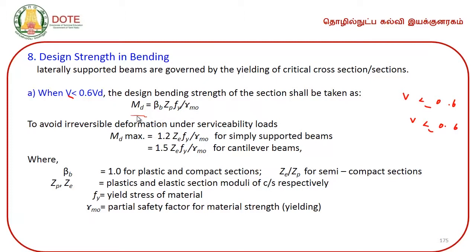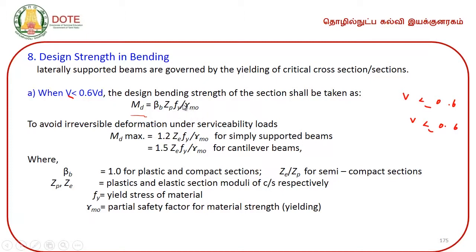Again, the bending strength is governed by one geometrical property and one mechanical property. Here the geometrical property is the plastic section modulus denoted by Zp, and the mechanical property is fy. Of course, the yield strength fy is always associated with the partial safety factor for the material in yielding, γm0.